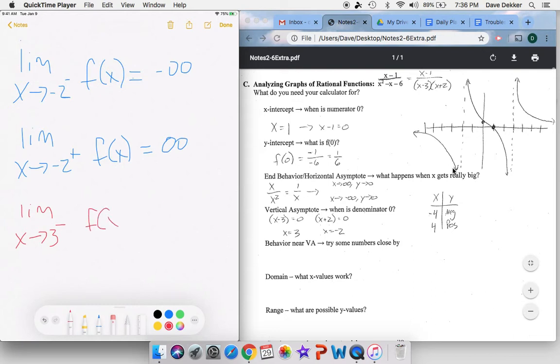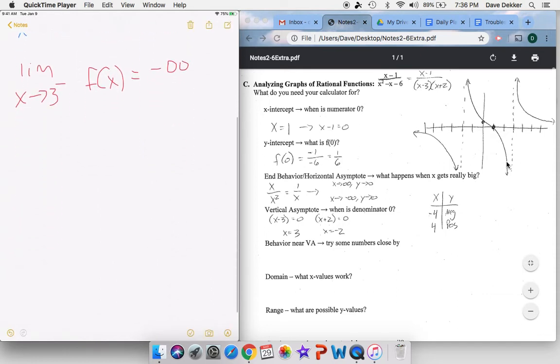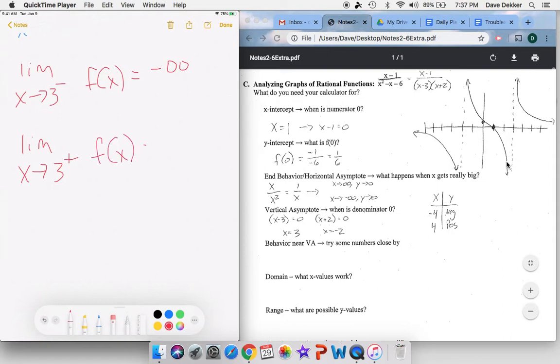We always have to name the function that we're looking at. So from the left side, this is going down again, so it's going to be negative infinity. And then on the opposite side, what's the limit as we approach +3, but now from the positive side, again, we name the function. Now it's going up on that side, so we're going to be approaching infinity.